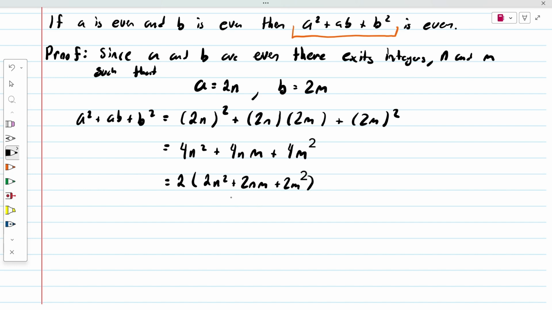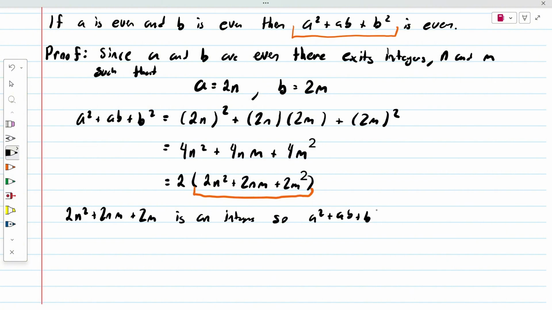And now we see that this right here is just an integer because integers are closed under multiplication and addition. So we can say that 2n squared plus 2nm plus 2m squared is an integer. So like a squared plus ab plus b squared equals 2 times, let's say, k, where k is an integer. So a squared plus ab plus b squared is even.